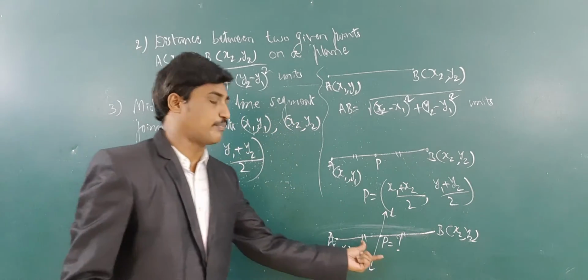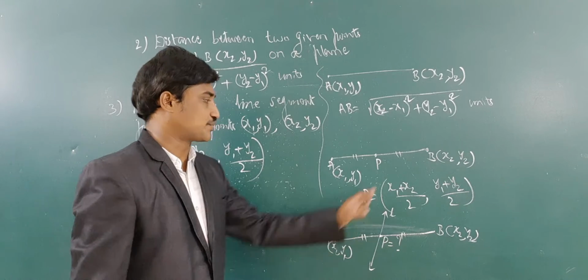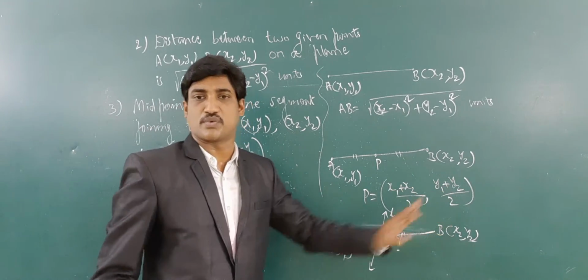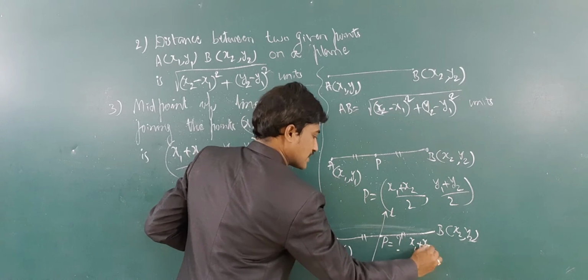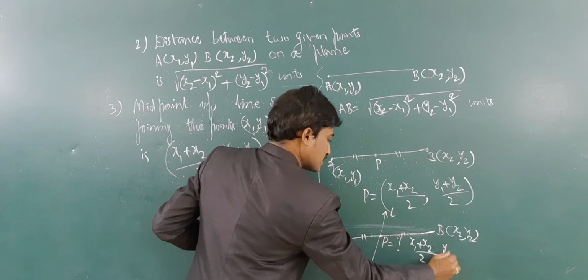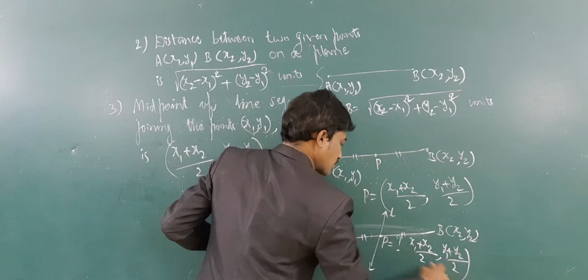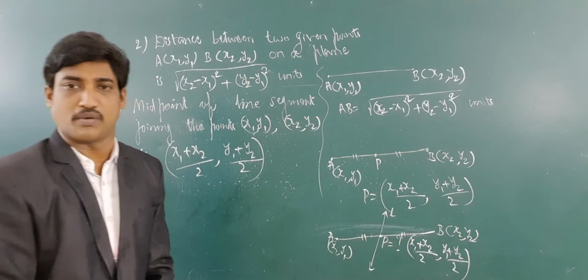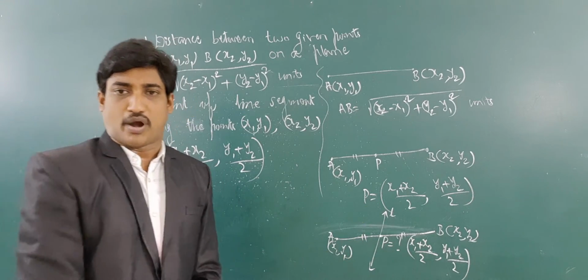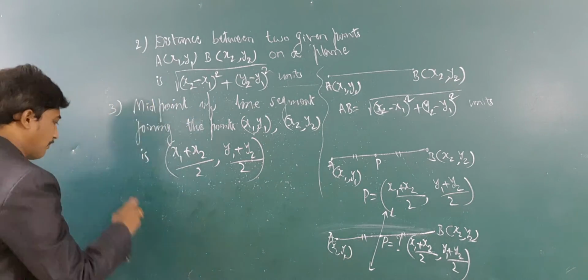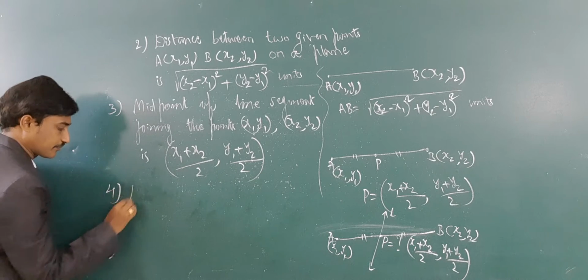So the bisecting point formula is also (x1 plus x2) by 2 and (y1 plus y2) by 2. The bisecting point P is equal to (x1 plus x2) by 2, (y1 plus y2) by 2.